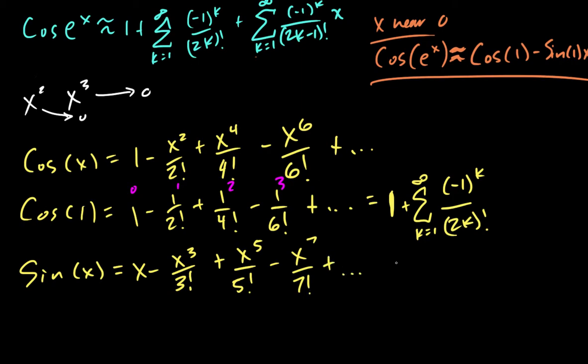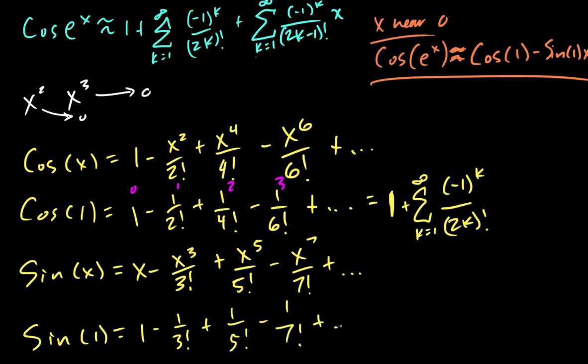Okay, and then if we look at sine of 1, we're going to get 1 minus 1 over 3 factorial plus 1 over 5 factorial minus 1 over 7 factorial, etc. Now, this one, we could think of it as 1 over 1 factorial, and that's going to make our summation a little bit nicer.